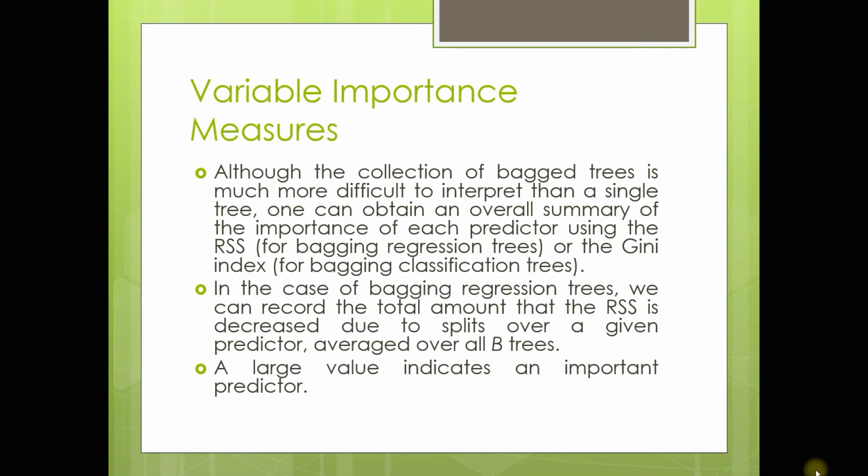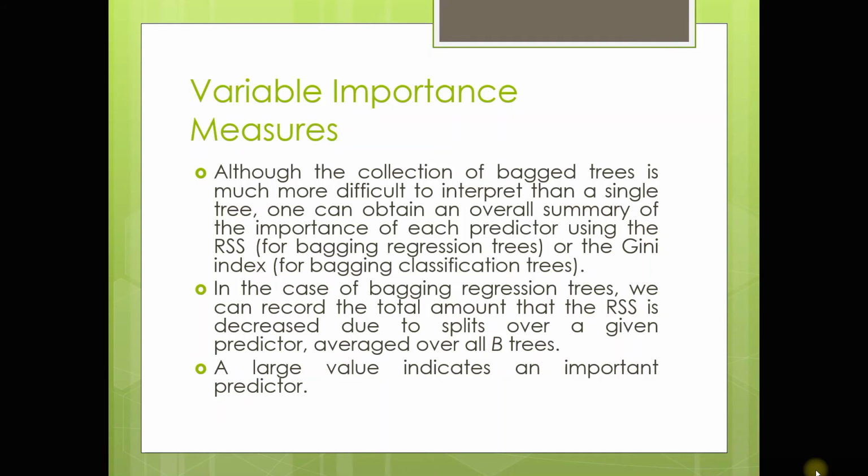To do so, we can have a look at a certain split, all right? We can have a look at a split of a given predictor. And we look at the total amount that the RSS, that is the residual sum of squares, has been decreased due to that split.